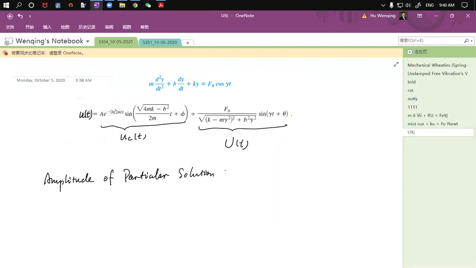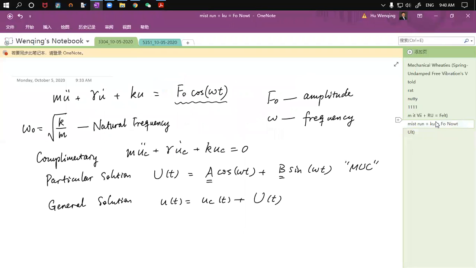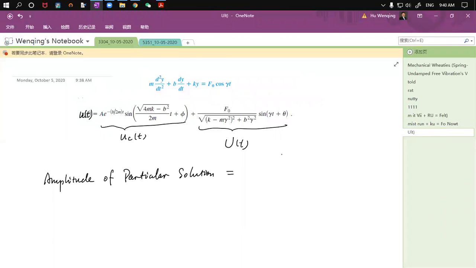In terms of our parameters, it is just going to be F0 divided by the square root of (k minus m omega squared) squared plus gamma squared omega squared. Remember, b is now gamma and gamma is now omega, so we have to stick to this equation. Is that good for everybody?